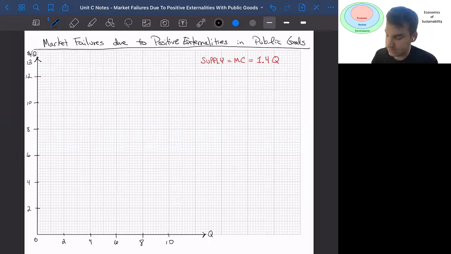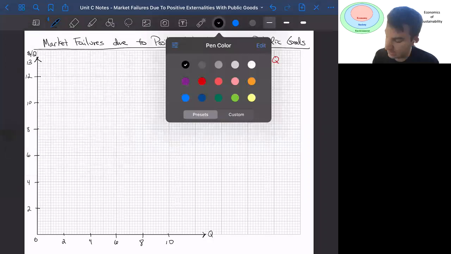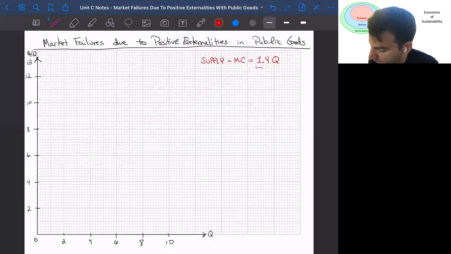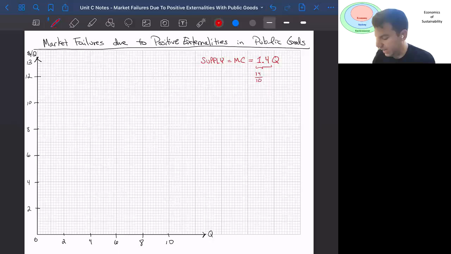So if I look at this 1.4 for the marginal cost, that tells me that for every 10 that I run, I rise 14. That's one way to view it. So I could say this is 14 over 10. Or I could say, for every 5 I run, I rise 7.